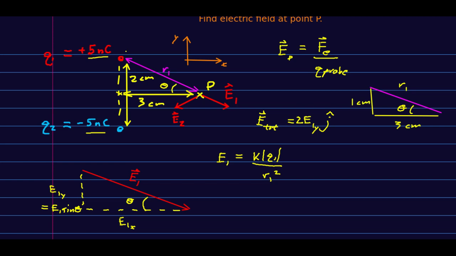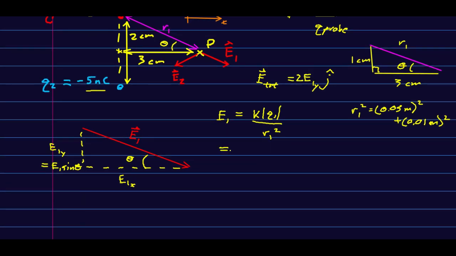This is 2 centimeters between the charges, and so down to here is 1 centimeter. And so we know that's a right angle, so R1 squared is just 3 centimeters squared plus 1 centimeter squared.